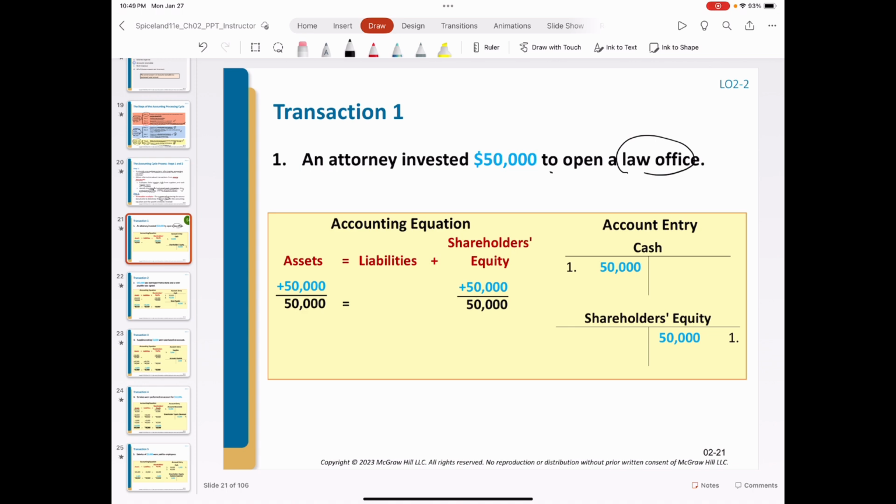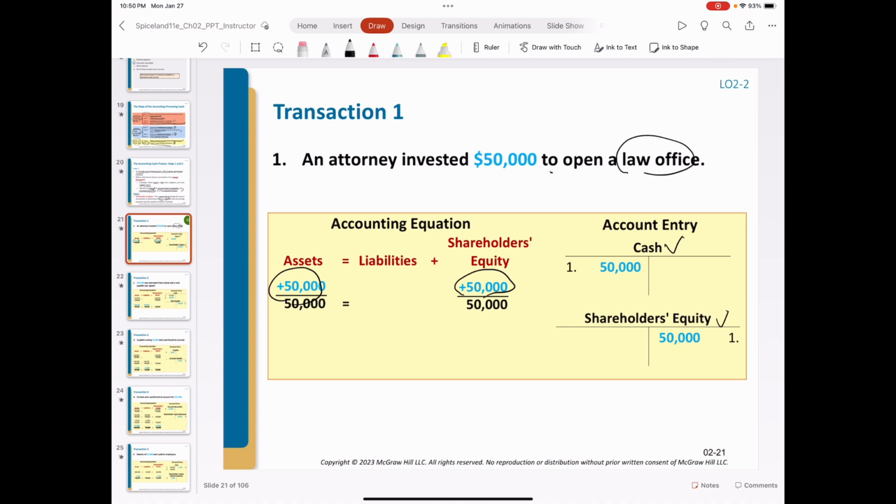The money is an asset, so cash. Also, because this is a contribution from the owner, equity. For the contributed capital, we record it in the account additional paid-in capital. We identify two accounts: cash and stockholders' equity, actually additional paid-in capital.